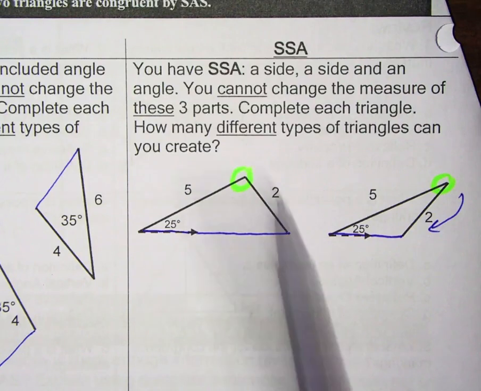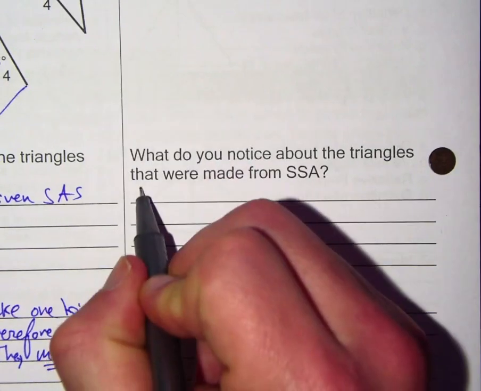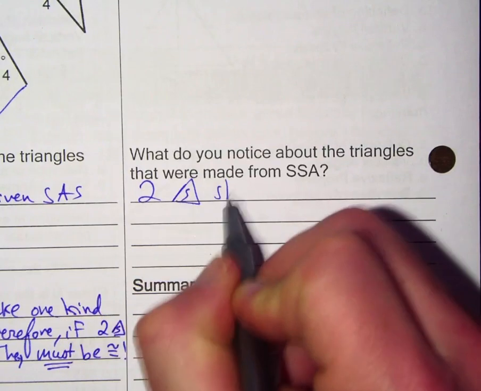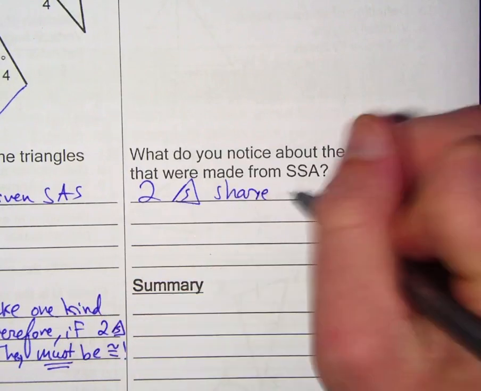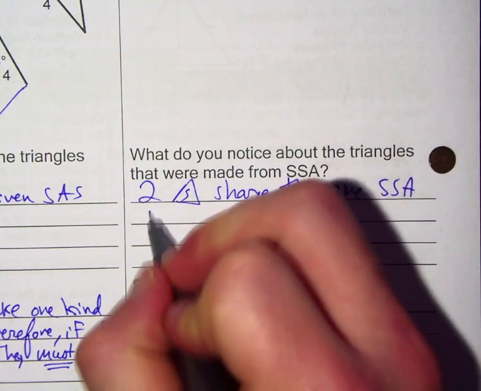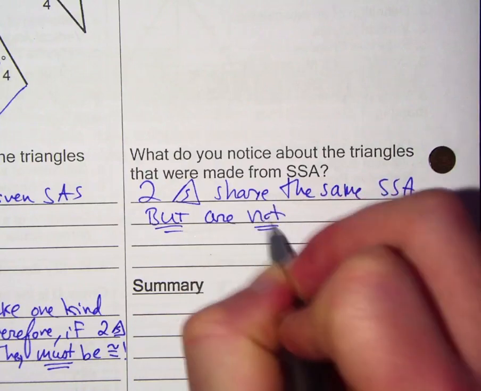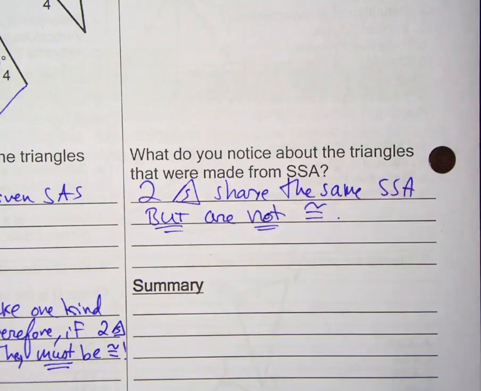Because one triangle might be this one and one triangle might be this one, even though they're sharing the same side, and angle. So here, two triangles share the same side, and angle, but are not congruent.